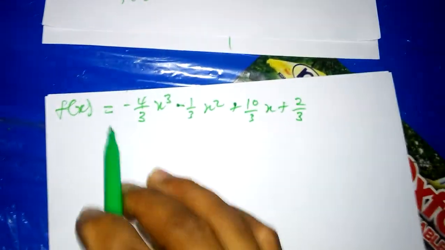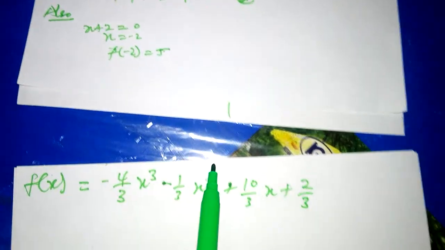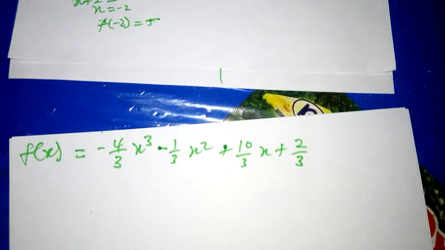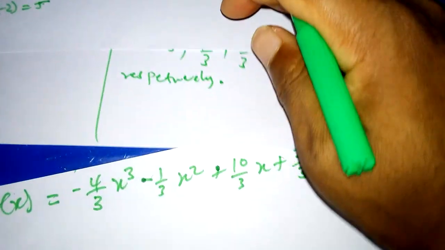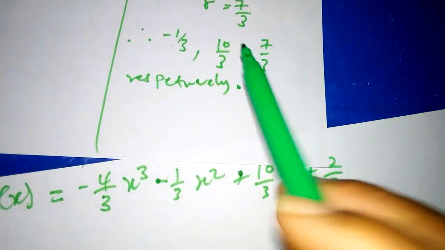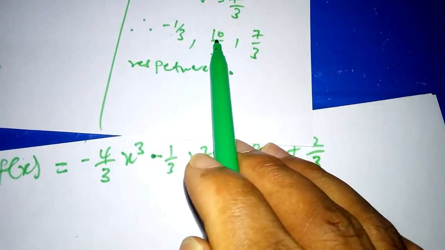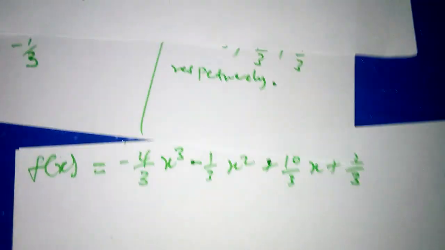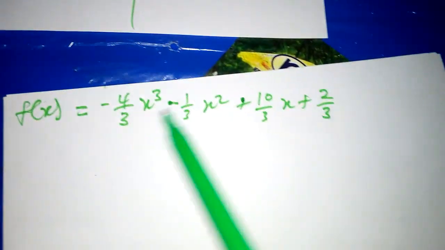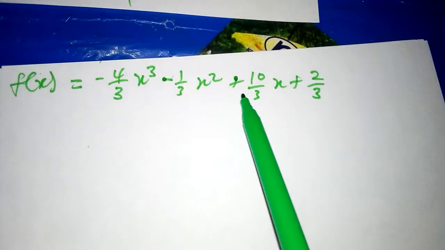So if you put our values P, Q, and R, these values, into the function f of s, that will give us this equation. So we can just pause the video and do it.